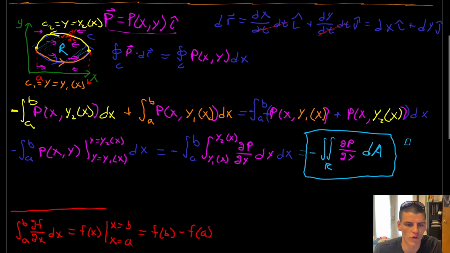And now I'll go over why I made those seemingly arbitrary choices at the beginning. We couldn't rewrite this as the double integral over the region more simply if the bounds here were all mixed up. Going from the top bound to the lower bound incorrectly would have flipped the negative sign inaccurately, and we couldn't represent this as the general integral over the region. So up here, first off, we needed to make sure that a was always the bottom bound and b was the upper bound, because a is the lower x value, b is the higher x value.